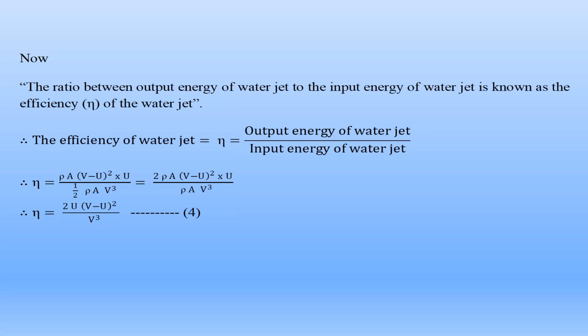the efficiency of the water jet depends on the absolute velocity of the plate u, since the efficiency for the constant v, nu, depends on u.